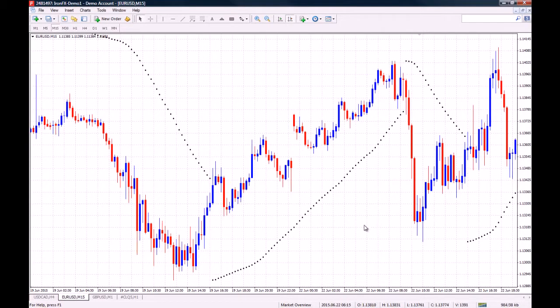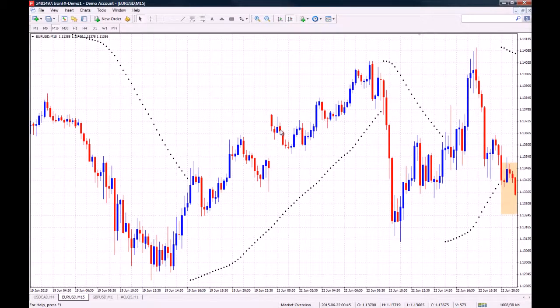Now, the first rule is that if you are looking to buy put options, it's because price is moving in an uptrend, okay? If price is moving in a downtrend, you are looking to buy call options, okay?